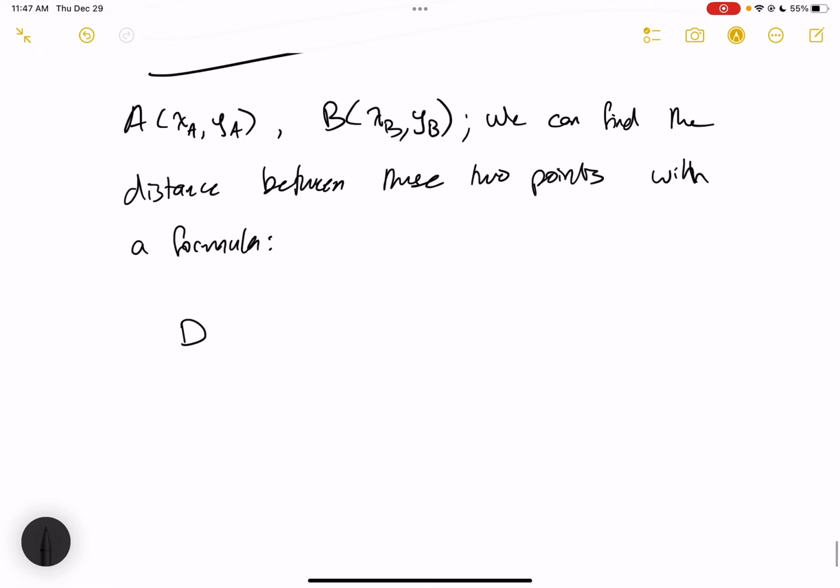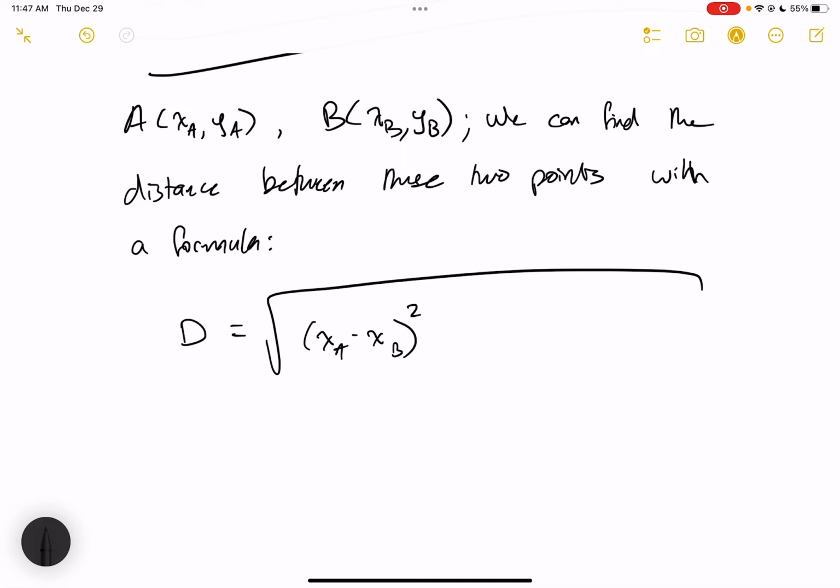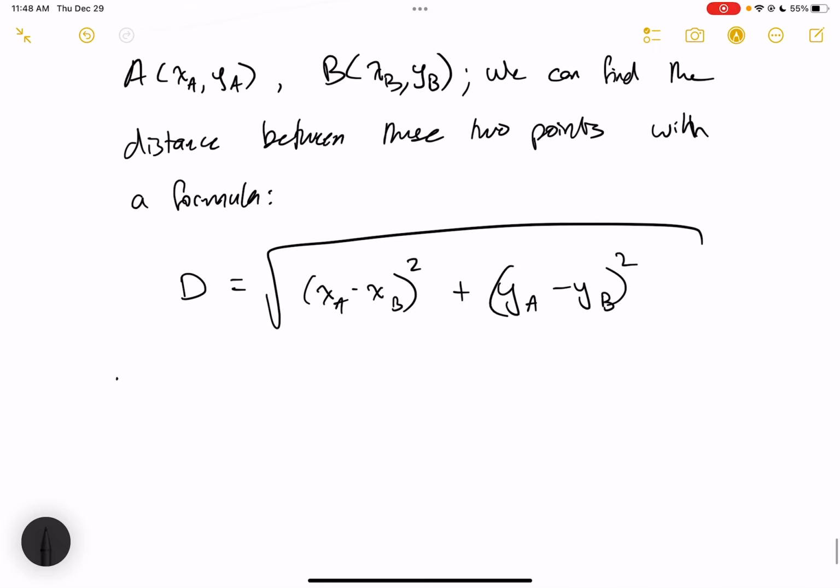I usually write it as d representing our distance, and it equals a gigantic square root of the subtraction of the x coordinates, and you square that, plus the subtraction of the y coordinates, also square that. One thing you may be surprised is that this is based off of the Pythagorean theorem.